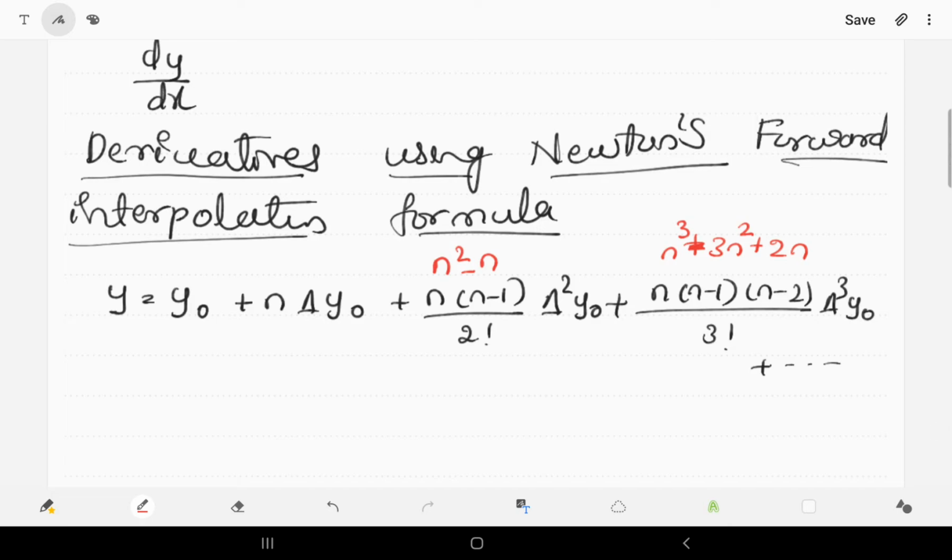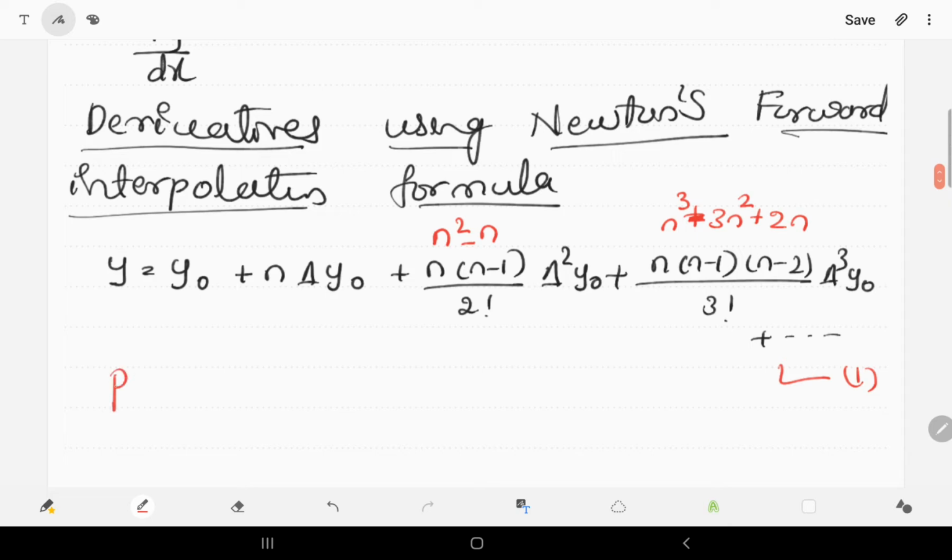Now consider this as equation 1, where p is equal to x minus x naught by h, we know. This is called equation 2.